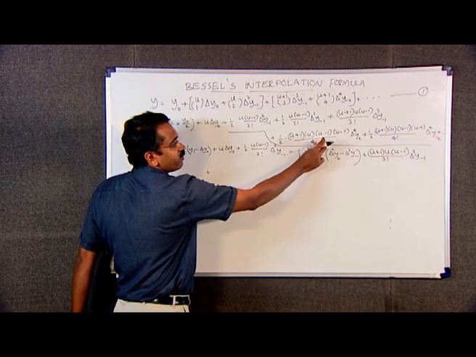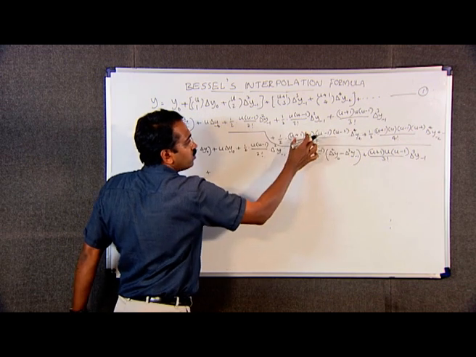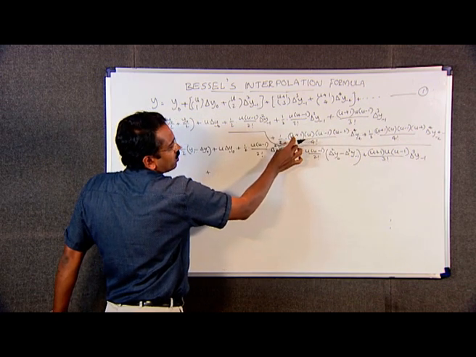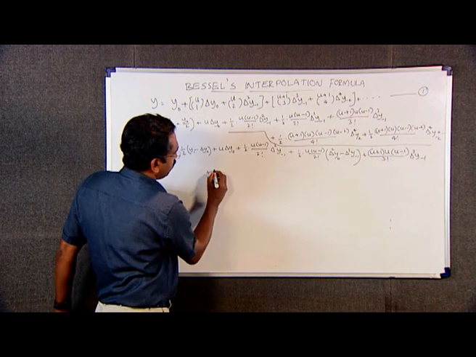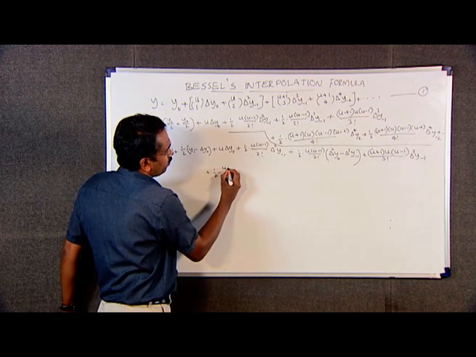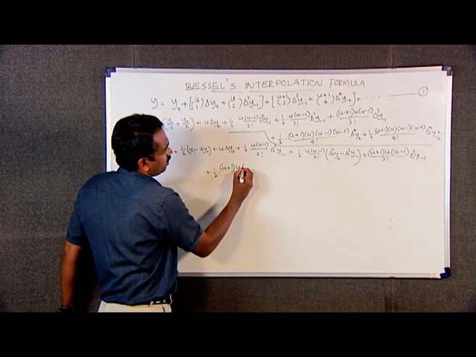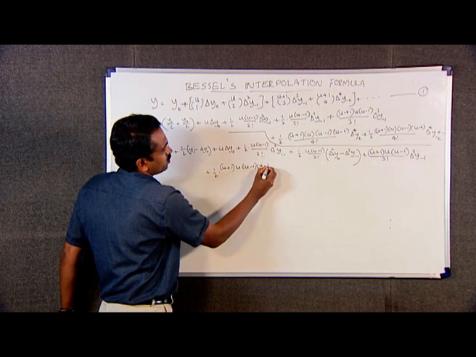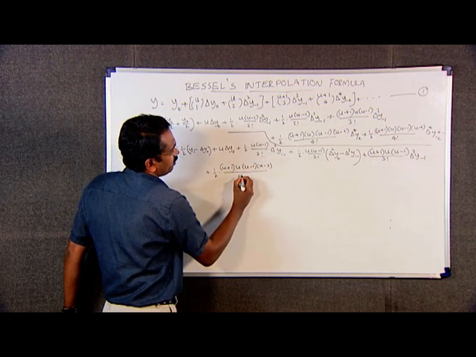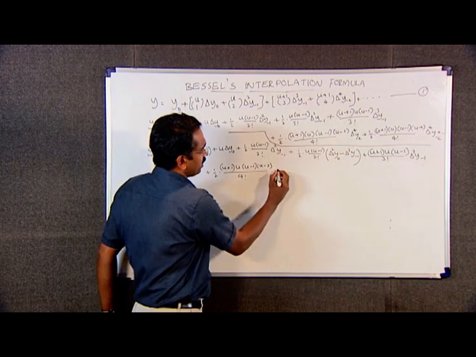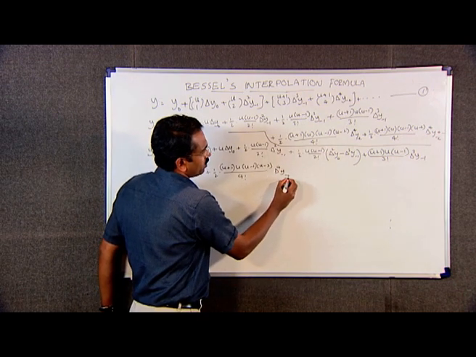The first split up of these two can be written as 1 by 2 into u plus 1, u minus 1, u minus 2 divided by 4 factorial into delta raised to 4 y minus 2 itself.